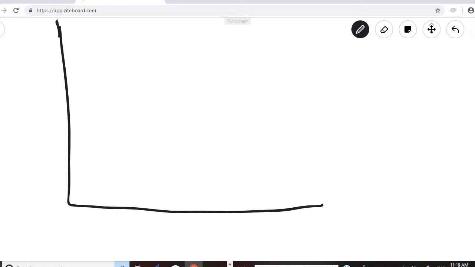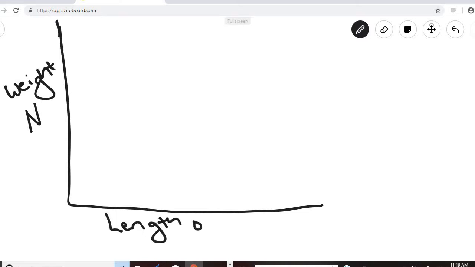I'm sorry we aren't able to do it now, but if we were to plot the weight in newtons, and of course you know that you can get the weight by multiplying the mass times gravity, then we plot the weight of the object attached to the spring in newtons on the y-axis, and on the x-axis the length of the spring in meters.